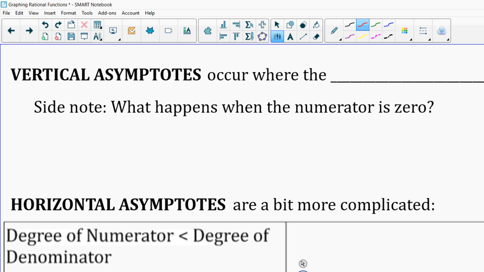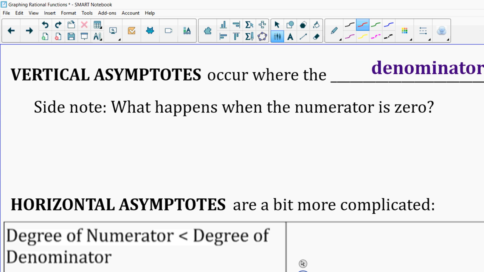Vertical asymptotes. Now, I know you're like, duh, we just said this. Vertical asymptotes occur where the denominator is 0. Side note, we've talked about this already.